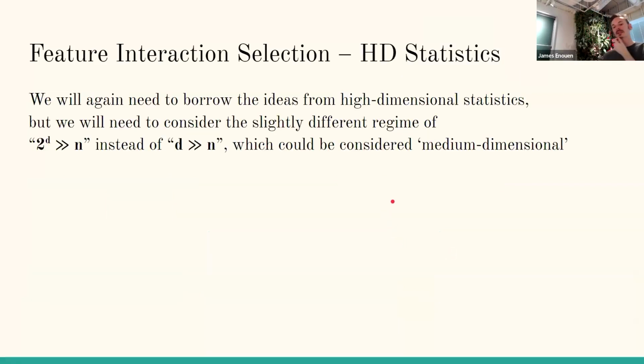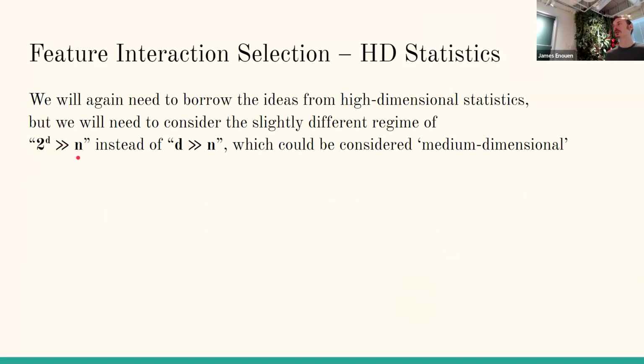And again, why do we need to select? Well, because of the high dimensional statistics regime, we only have finite data, except now we're even more likely to not have enough data because to fit all the feature interactions, we need data on the scale of 2 to the d, but rather we typically expect that 2 to the d is much larger than n.